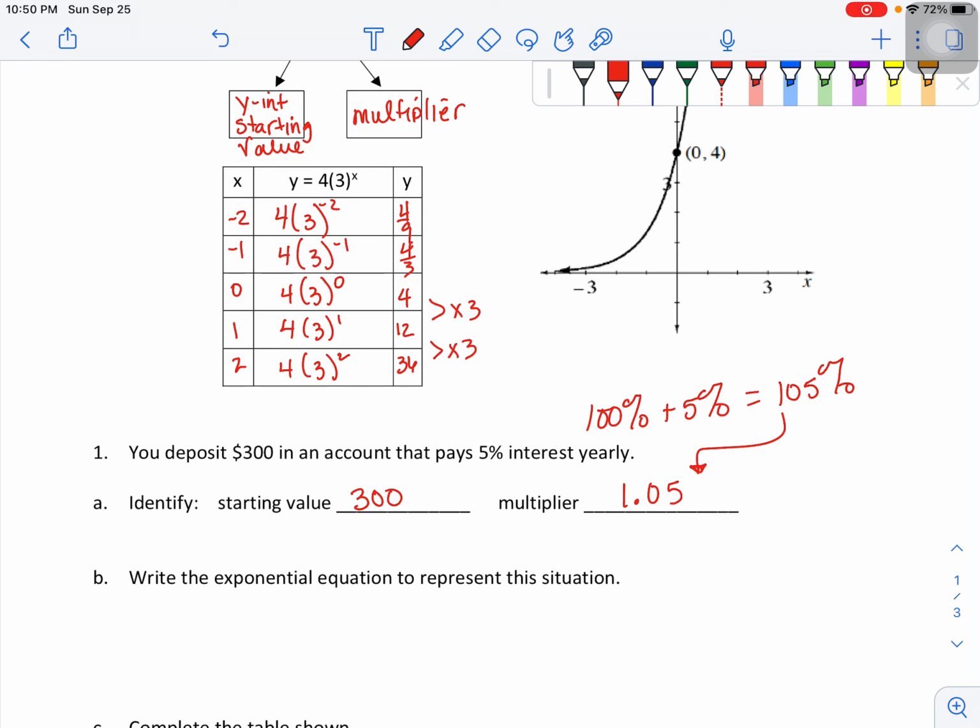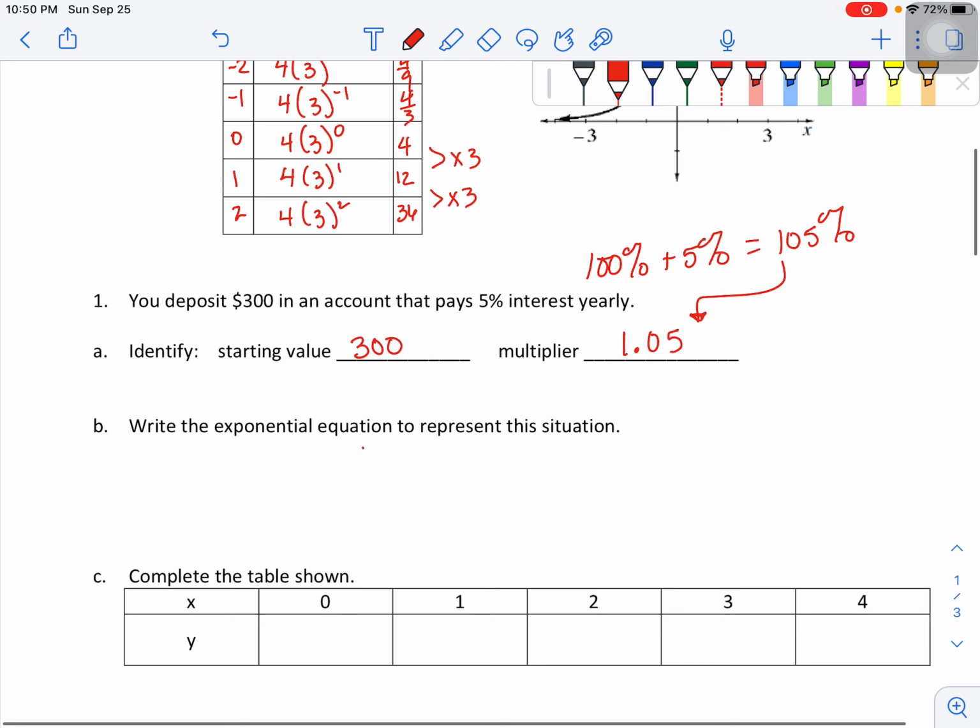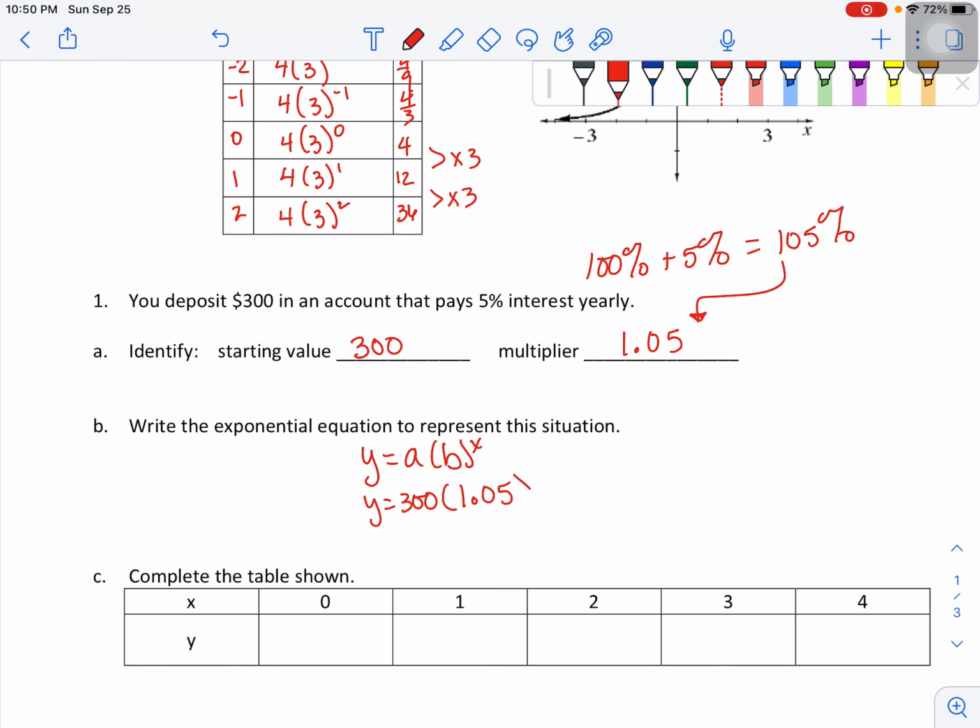So they want us to write an exponential equation to represent this. So we know that this is how we want to write it. The A is your starting value, and your B is your multiplier. That is all. That's all they want you to do.